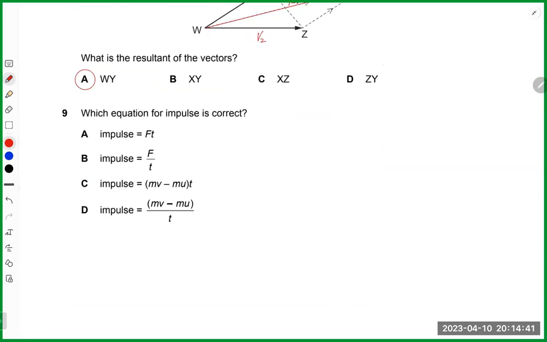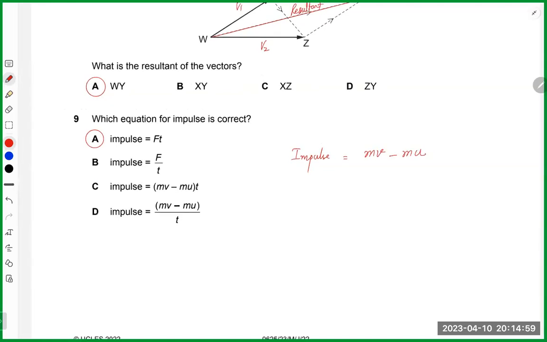9. Which equation for impulse is correct? Impulse is force into time. Impulse can also be mv minus mu.